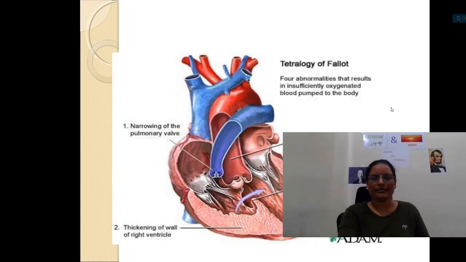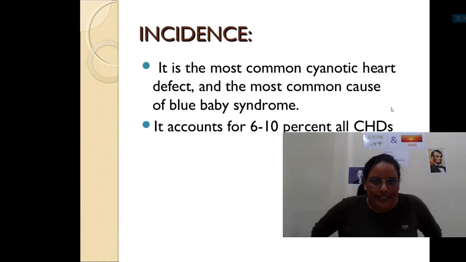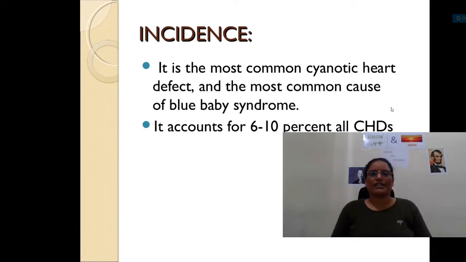Fine. Then the next is incidence. It is the most common cyanotic heart defect and the most common cause of blue baby syndrome. What does it mean? Blue baby syndrome is when the baby suffers from insufficient blood supply due to receiving mixed blood from the aorta in systemic circulation.